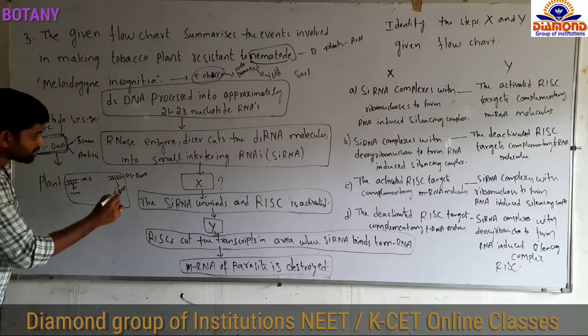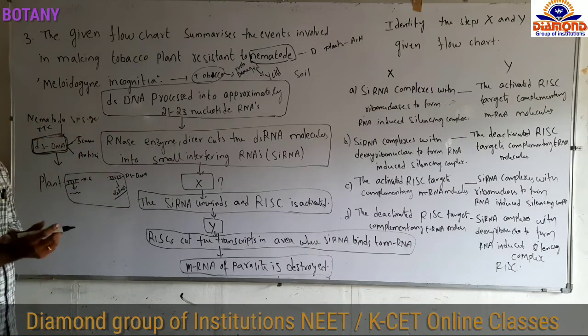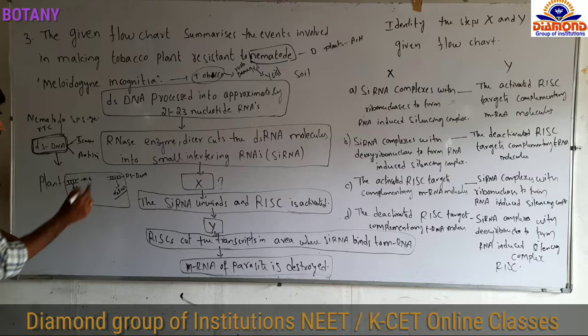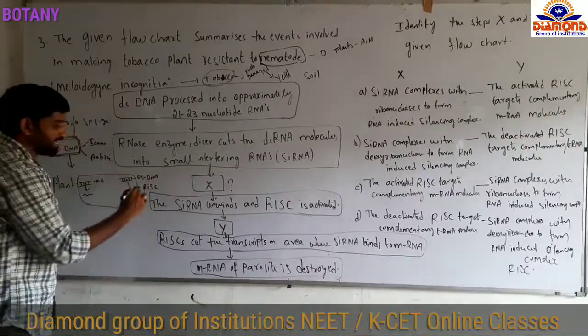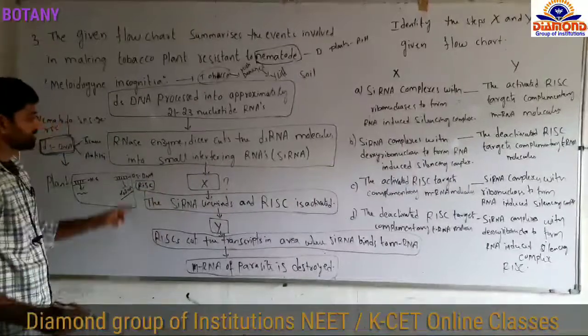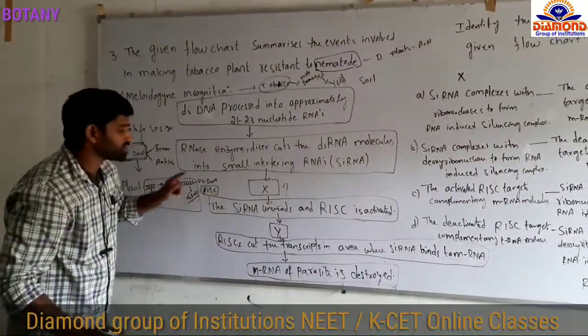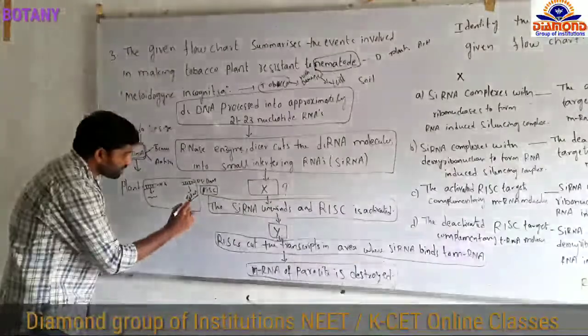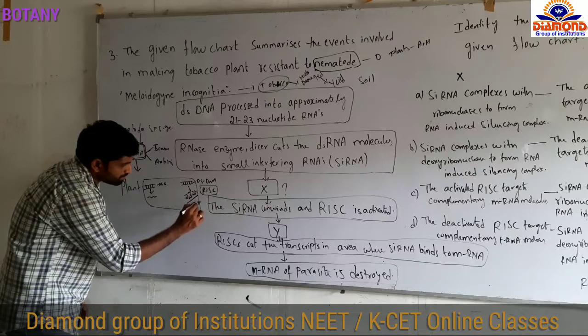After the formation of double-stranded RNA, by the involvement of RNase enzyme and RISC enzyme. The RISC enzyme, the abbreviation is RISC, RNA induced silencing complex, can cleave the double-stranded RNA into small pieces.